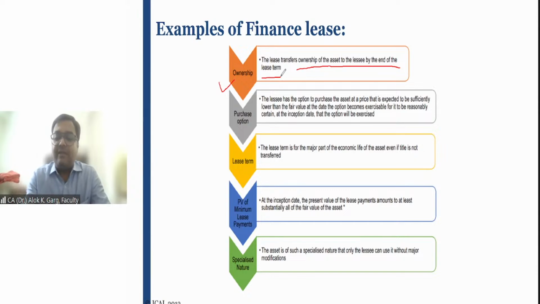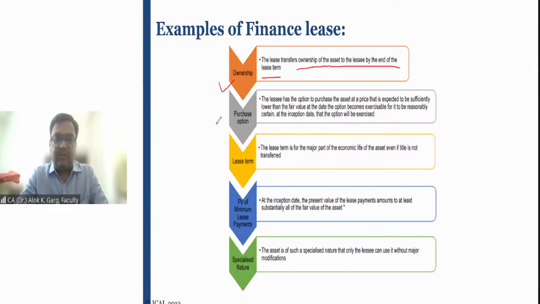In the agreement it is written that your client, the lessor, will transfer the ownership of the asset to the lessee at the end of the lease term. This indicates that it is a finance lease, right?